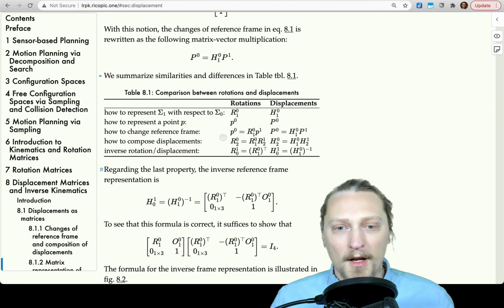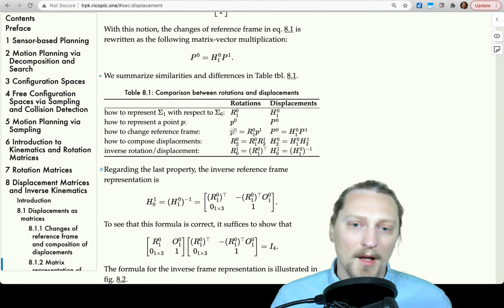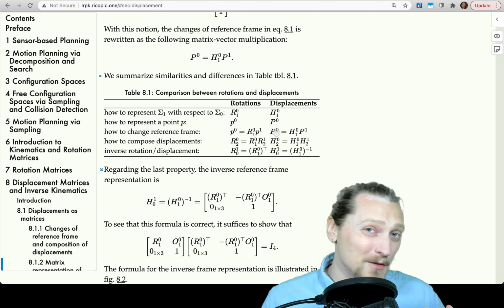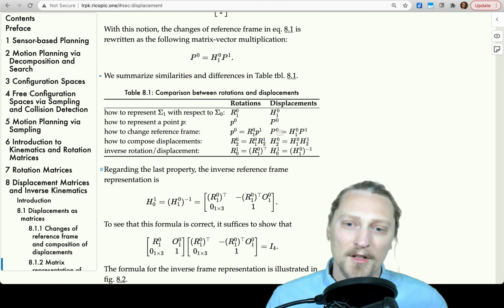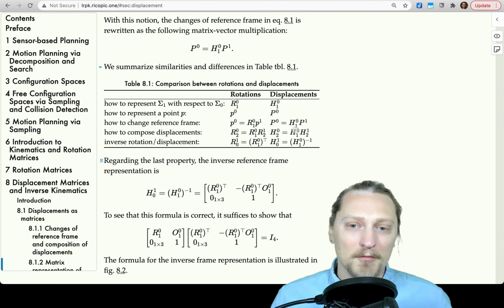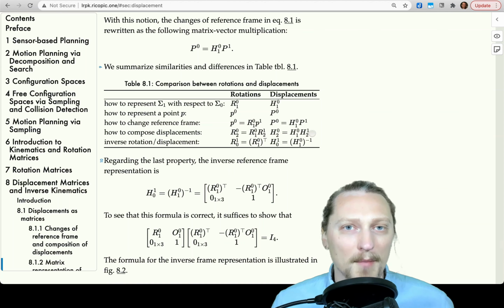How to change reference frames? We simply multiply in rotation, R^0_1 P^1. And for displacements, which remember includes rotation and translation, P^0 is H^0_1 P^1. How to compose displacements? Same again. Multiply with the proper matching subscripts and superscripts.